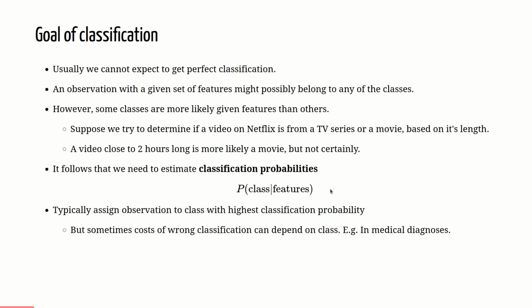In some cases, we may not want to assign directly to the class with the highest probability, because there may be a cost involved in assigning things incorrectly. Medical diagnosis is a classic example, where often things depend on other knowledge that you have about the patient over and above the particular set of predictor variables that you're using to make a diagnosis.